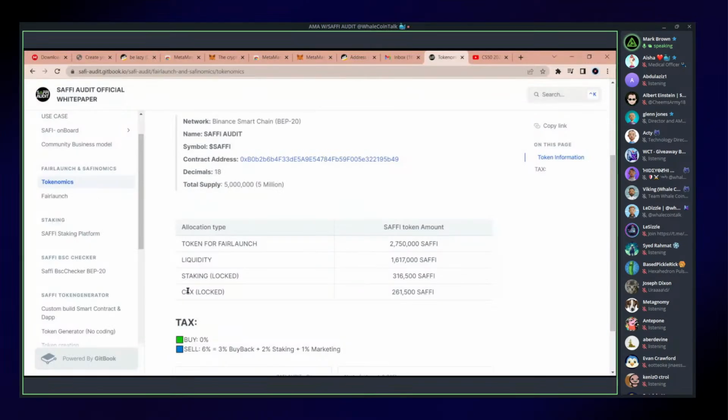There is sometimes when most of the world is sleeping, and at those times we're going to be doing buybacks to maintain the token at a certain level. We have 2% going to the staking pool, as I mentioned before, to have enough reserve on the staking pool for everyone staking their token to be covered. And we have 1% marketing. It's going to the daily marketing to ensure that we always bring in new investors.